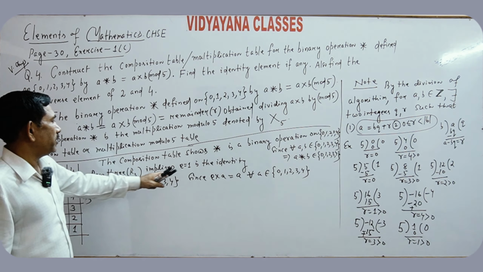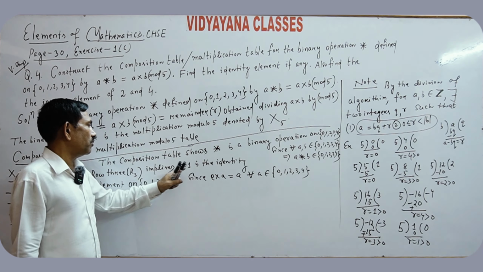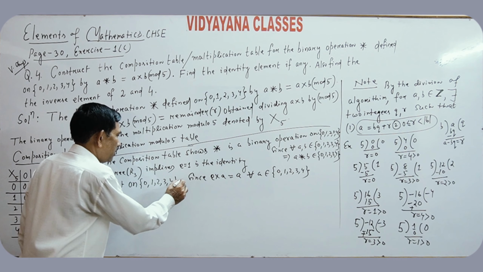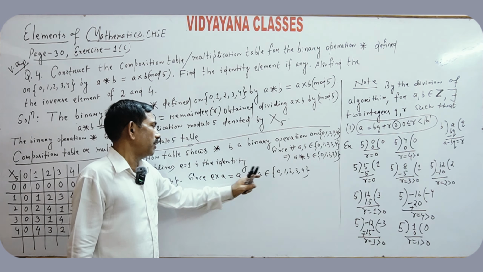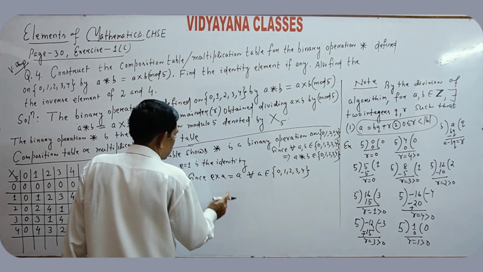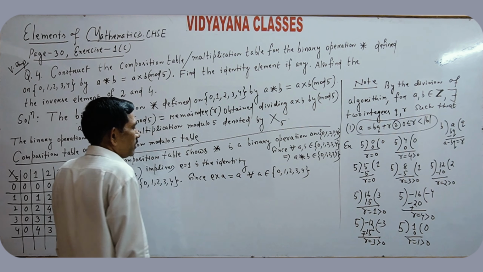Here the identity element is E. Row 3 implies 1 is the identity element on this set.